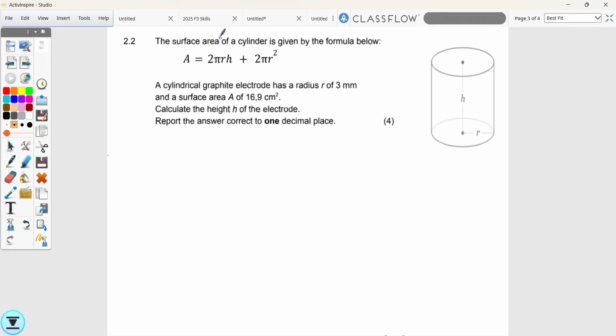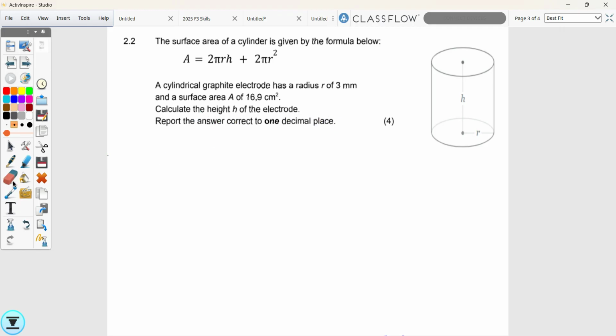So please don't go and memorize it. The surface area of a cylinder is given below, so it will be exactly like it is here. They tell you that you've got a cylindrical graphite electrode that has a radius of 3 millimeters, a surface area of 16.9 centimeters squared. They want you to calculate the height, and you need to report the answer to 1 decimal place.